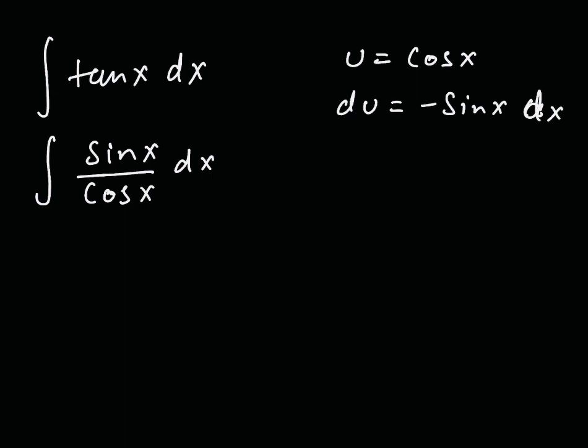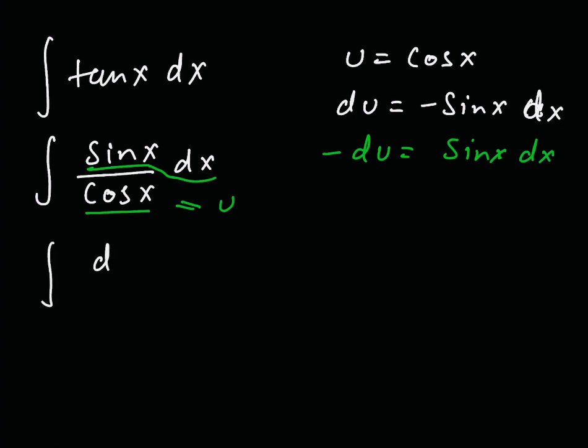Now we're going to replace this value in the given expression, as sin x into dx is going to be minus du, and cos x is going to be equivalent to u. So placing these values in, we would have minus du divided by u.